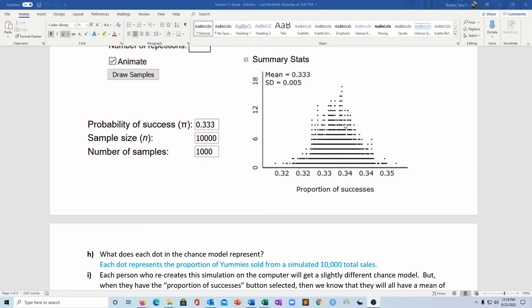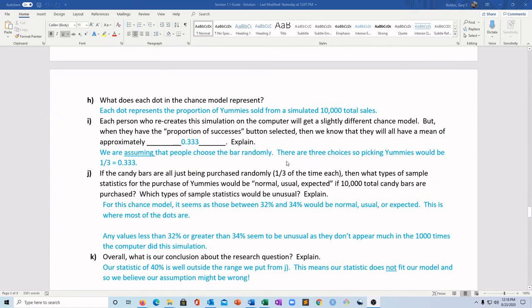There's some debate here, but it seems like once we get over to maybe 0.32 and somewhere around 0.34, this is the middle, and then we've got some stuff out here that happens, but it's very infrequent. So I said between 32% and 34% would be normal. If there was another week and Yummies got anywhere near this proportion, 32 to 34%, I'd say, okay, that's fine.